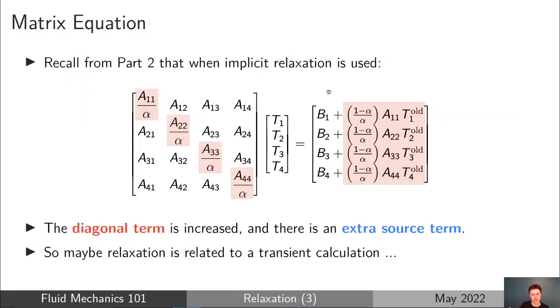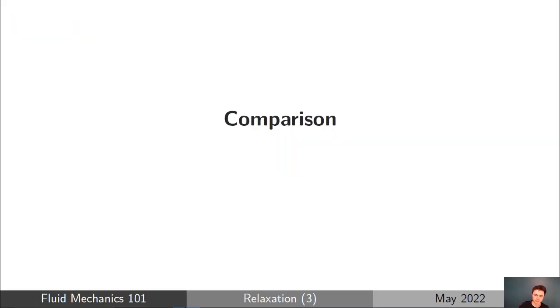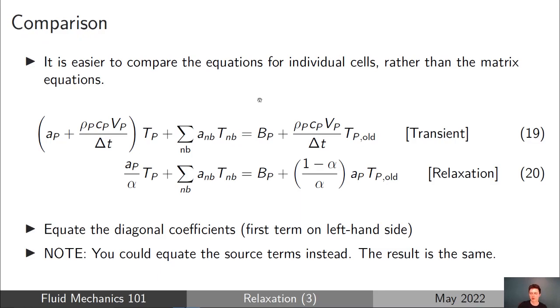So we're getting similar qualitative behavior to what we saw with implicit relaxation. But what happens if we go further, and rather than just making that qualitative comparison, what if we actually compare the terms mathematically and see how they're really linked?